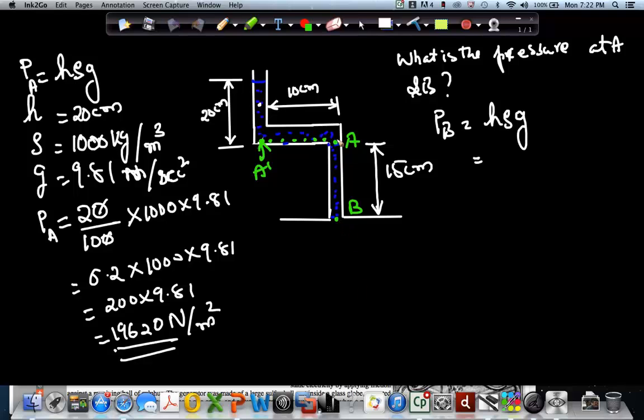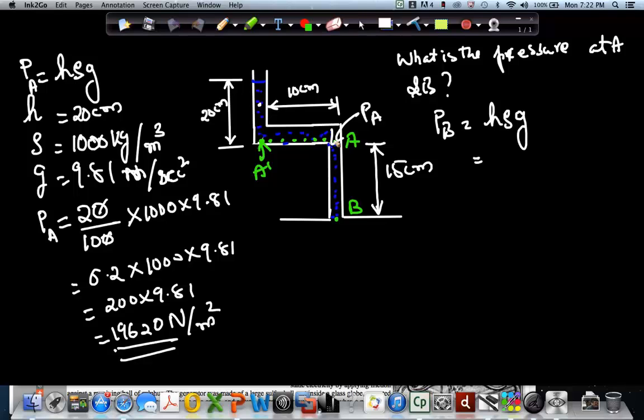See, A already has this much pressure. Here the pressure is PA, right? That's what you computed, the pressure at point A. What will be PB? PA plus the pressure exerted by this liquid column.